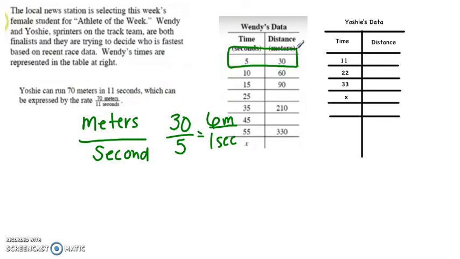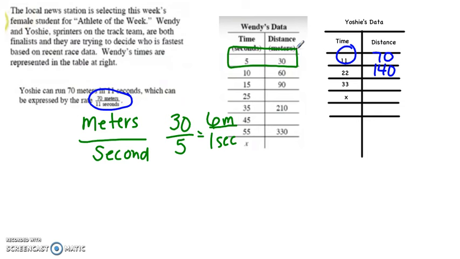Now Yoshi, I could use this table that I collected because the information over here says that she went 70 meters in 11 seconds. So that means for a time of 11, she went 70 meters, which means 22 seconds, she would go 140 meters, and so on.